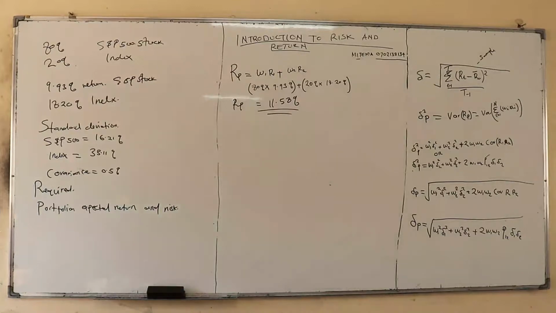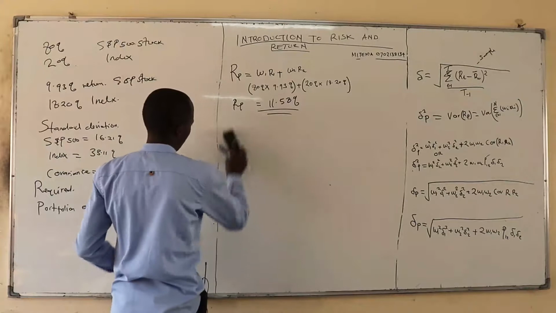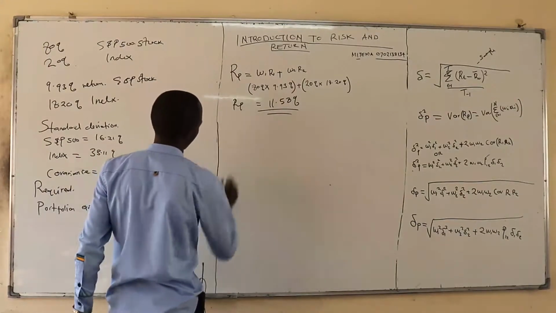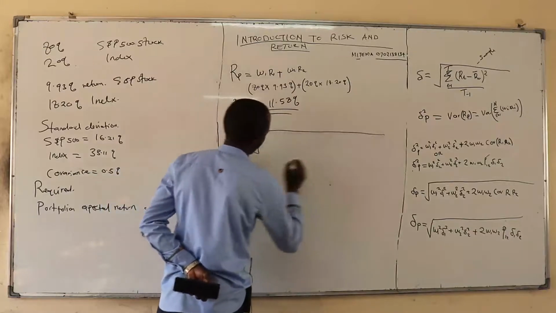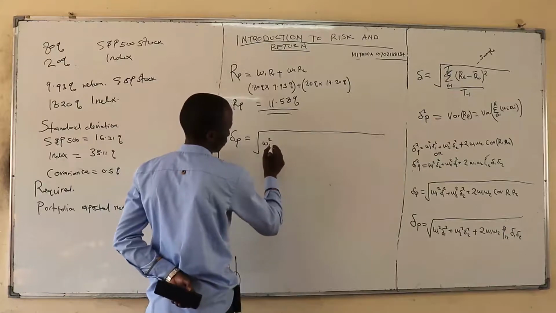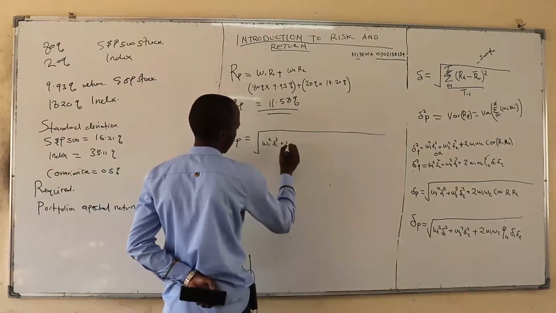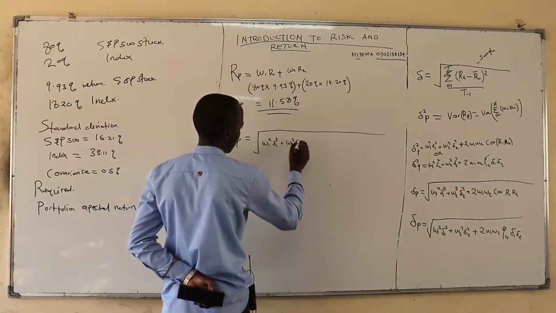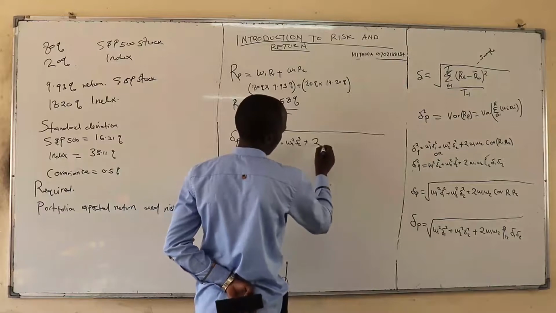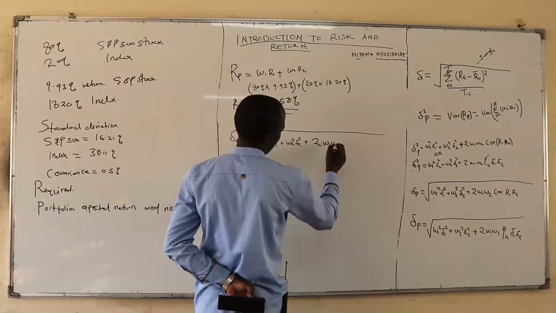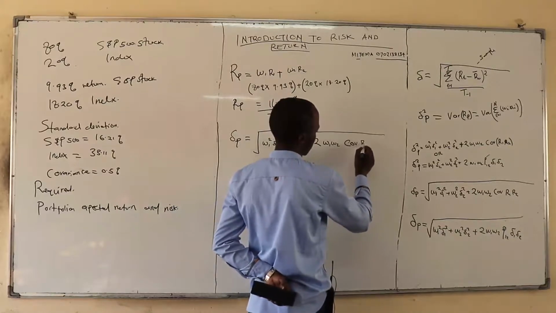The portfolio risk equals the square root of the first weight squared multiplied by the risk of the first asset squared, plus the second weight squared multiplied by the standard deviation of the second asset squared, then you add 2 multiplied by the first weight, the second weight, and the covariance of the first and the second return.